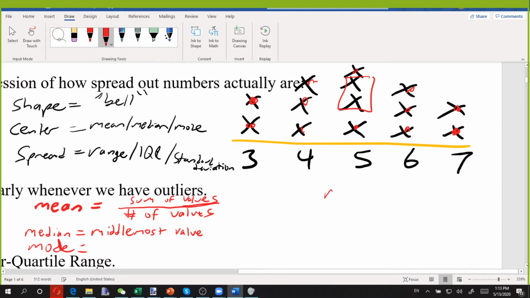Kelly, I'm going to have you do both range and IQR. Kelly, how can I find the range? The largest number minus the smallest number. So 4. Perfect. Largest number minus smallest number. And then what about IQR?